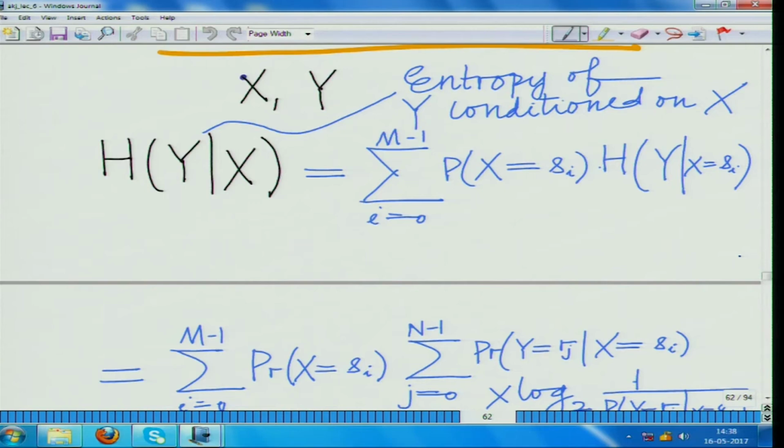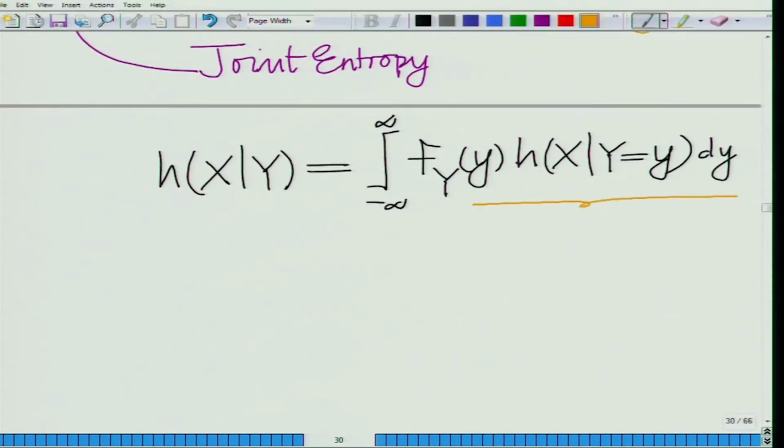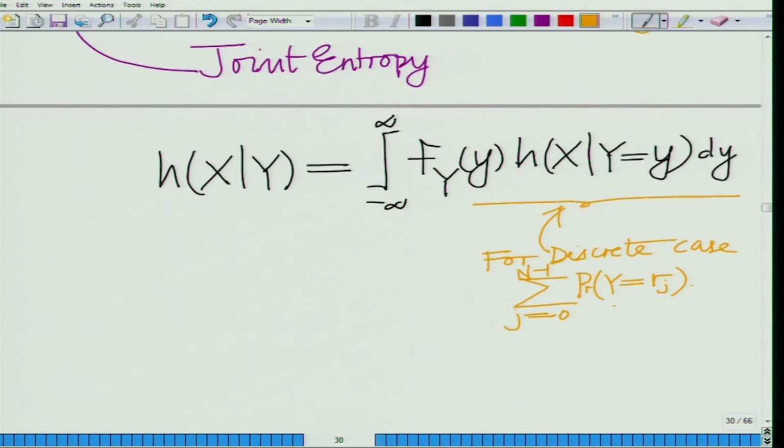If you want to recall the definition for the discrete case, the equivalent definition would be the summation, j equal to 0 to n minus 1, of probability y equal to Rj times h of x given y equal to Rj.